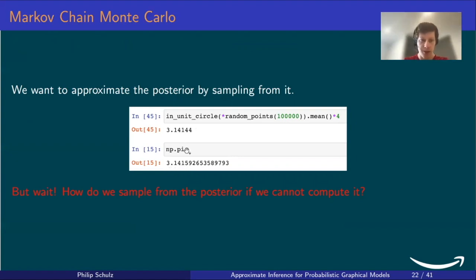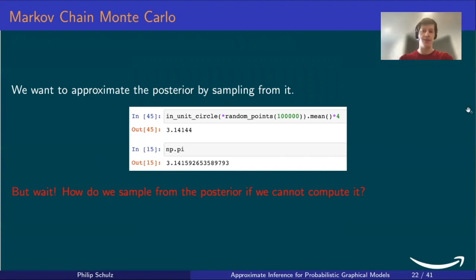We're actually hitting it up to the third digit after the comma, right? And that is the magic of Monte Carlo. The more samples that you draw, the closer you are going to come to the exact value. And in particular, if instead of drawing 100,000 samples, we drew 100 million samples, chances are we'd be hitting pi very, very exactly.